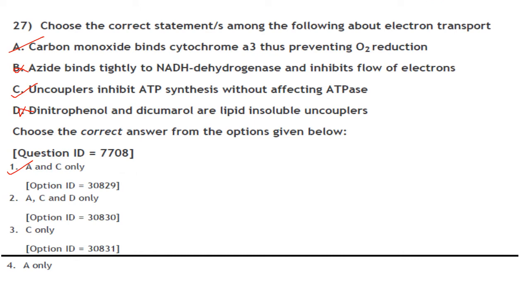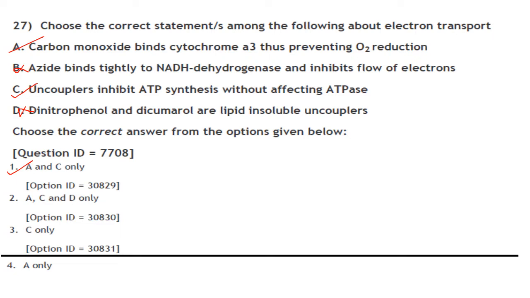Then next one. Choose the correct statements among the following about electron transport. So carbon monoxide binds cytochrome a3 and thus prevents oxygen reduction. Yes. Azide binds tightly to NADH dehydrogenase and inhibits flow of electrons. Azide inhibits oxidative phosphorylation via inhibition of cytochrome oxidase.